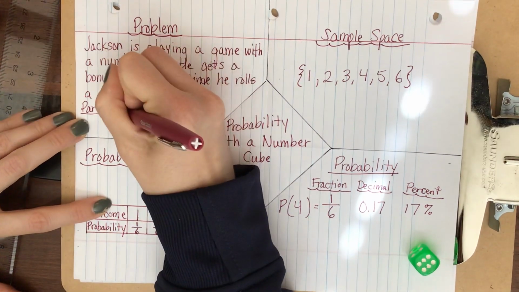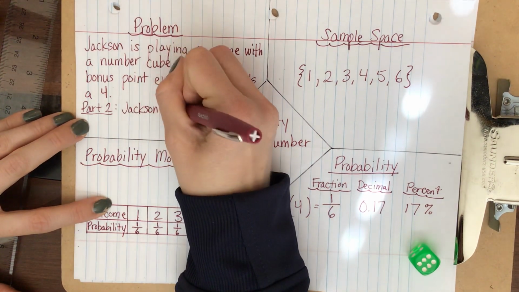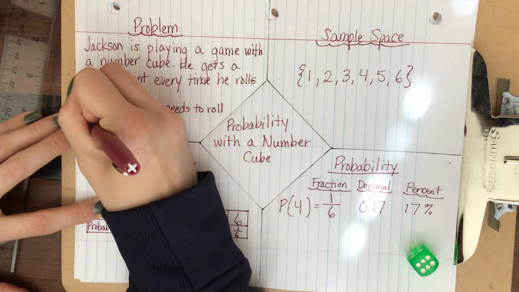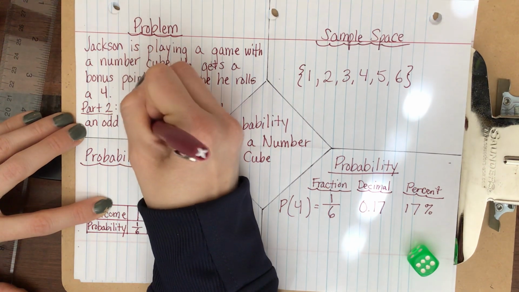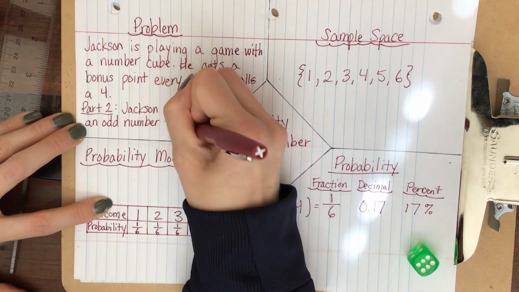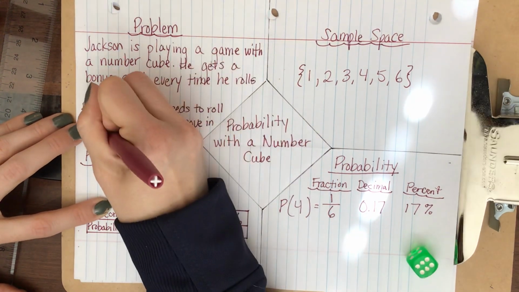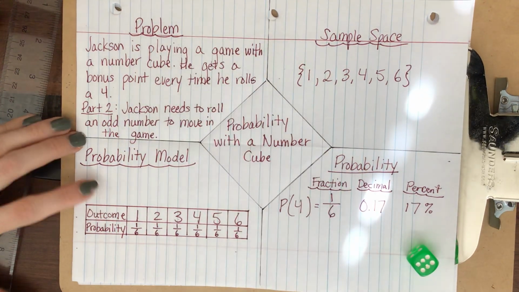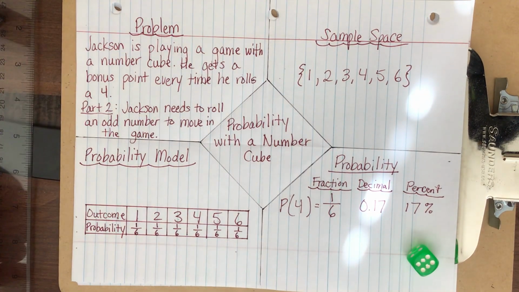Let's say that Jackson needs to roll an odd number to move in the game. Okay, so the first part of this problem was that he needed to roll a 4 to get a bonus point. Now Jackson needs to roll an odd number to make the next move in the game.